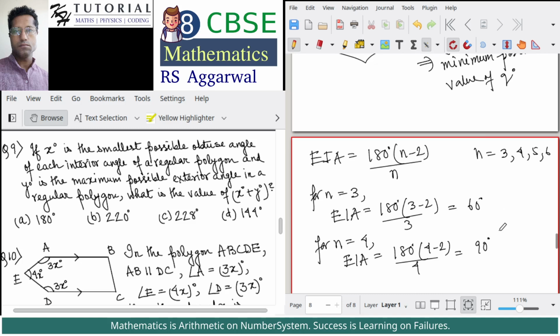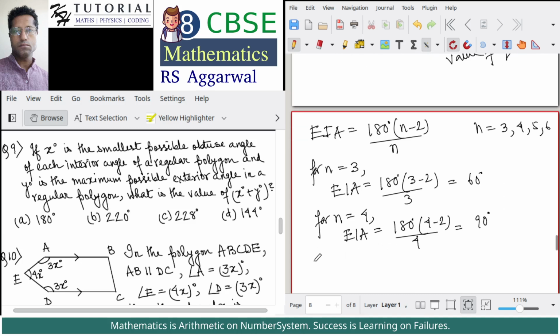So definitely we can say that the exterior... the interior angle is minimum for n equals 3. This implies the minimum interior angle is 60 degrees.